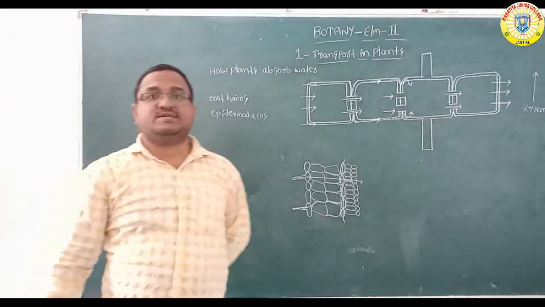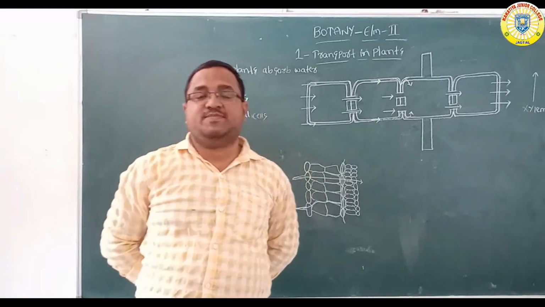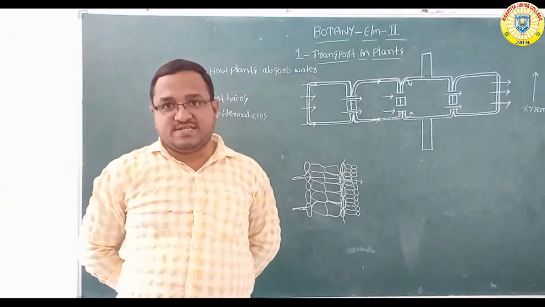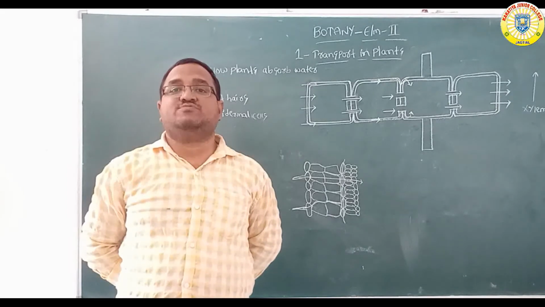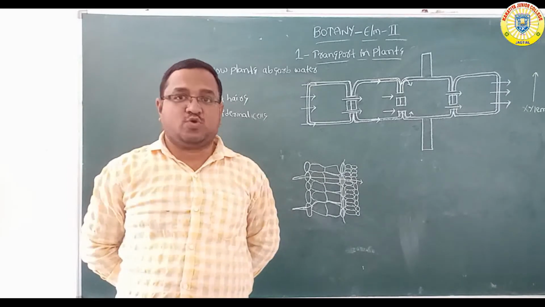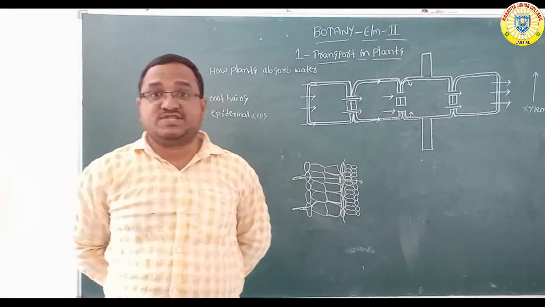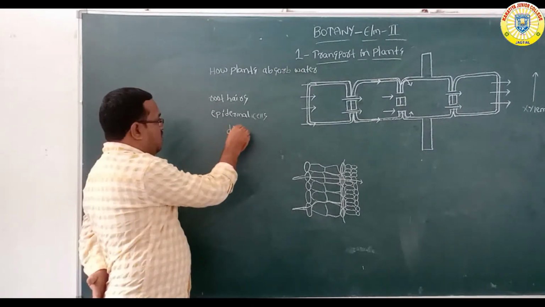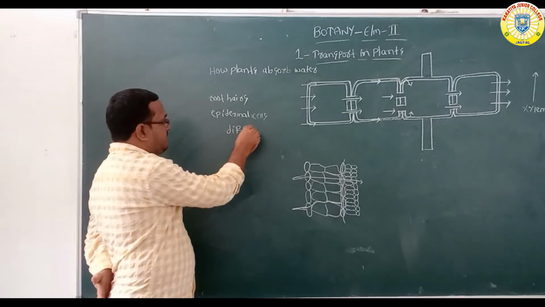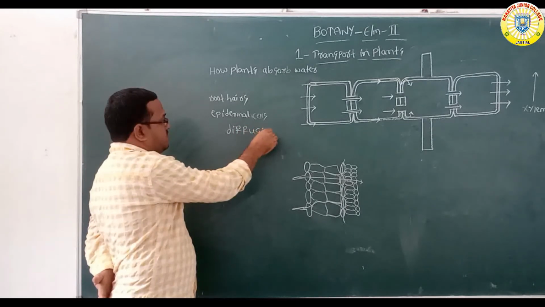Root hairs are slender extensions from the root epidermal cells. Water and minerals are absorbed by the root hairs by the process of diffusion.